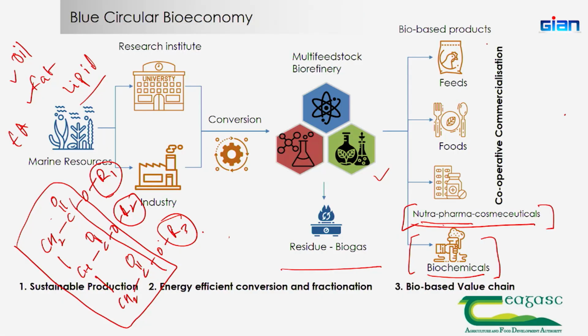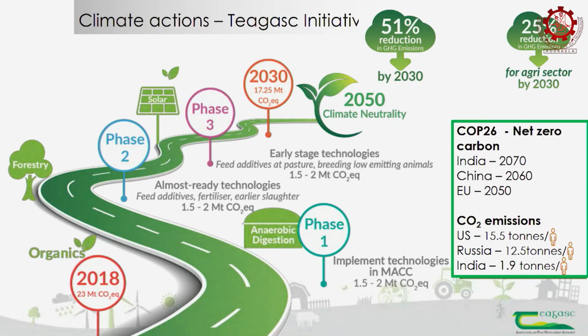Within the protein element of it, you can get collagen, you can get soluble protein, acid soluble protein, different fractions of the protein. Yeah? So, that is the way bio value chains are created. So, we will have much more interaction when we go into these types of value chains. Next. So, this was all about biocircular economy, what all we need.